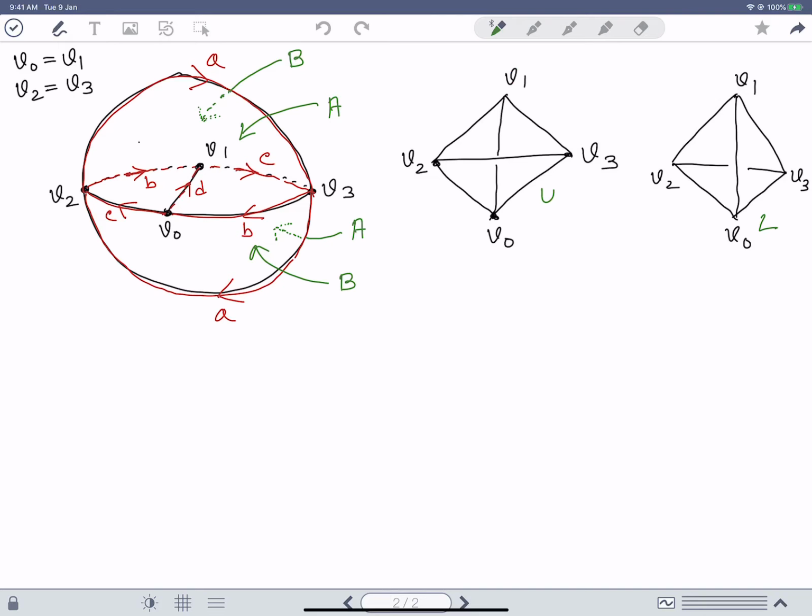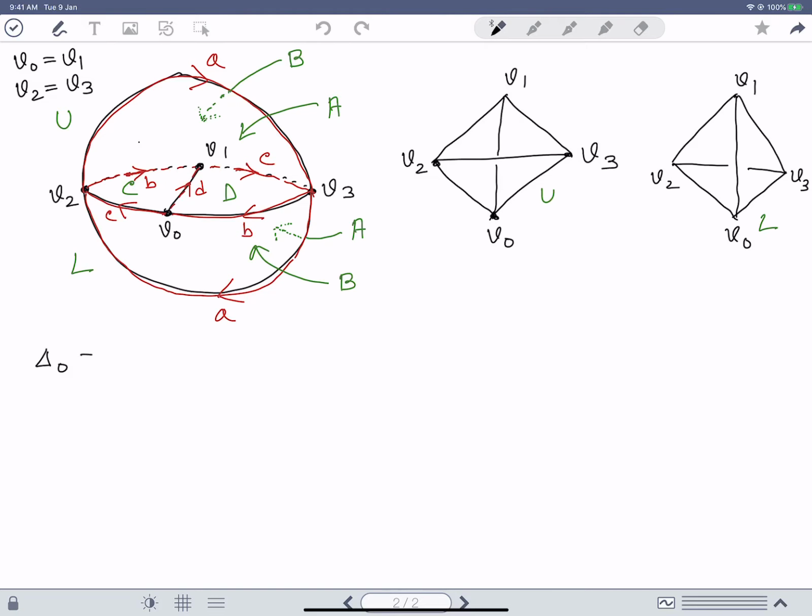Say this is my C and this is my D. So we have two vertices, four edges, small a, b, c, d, four triangles, capital A, B, C, D, and we have two tetrahedra, say U and L. This is my U and this is my L.